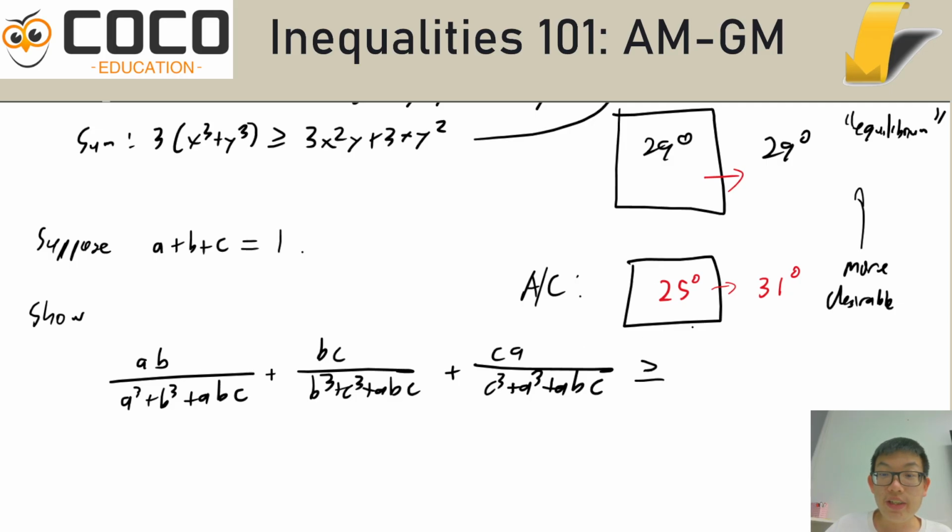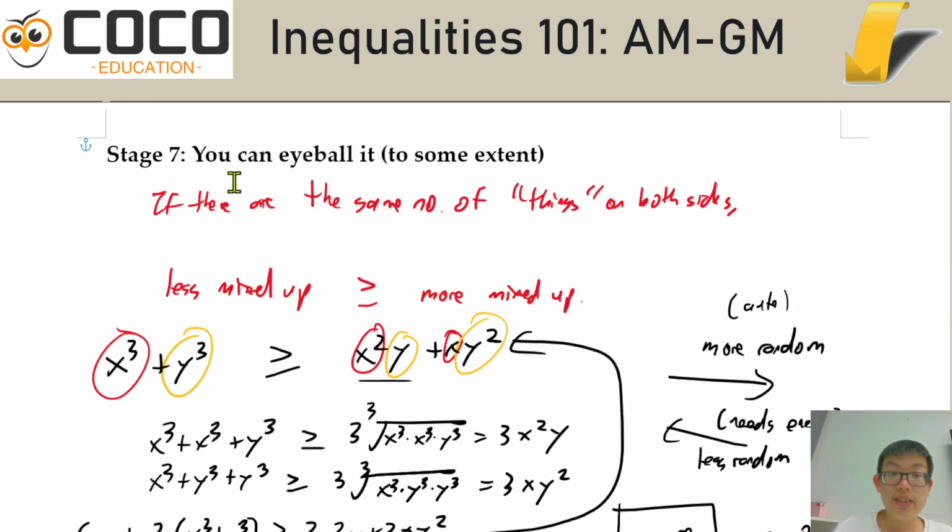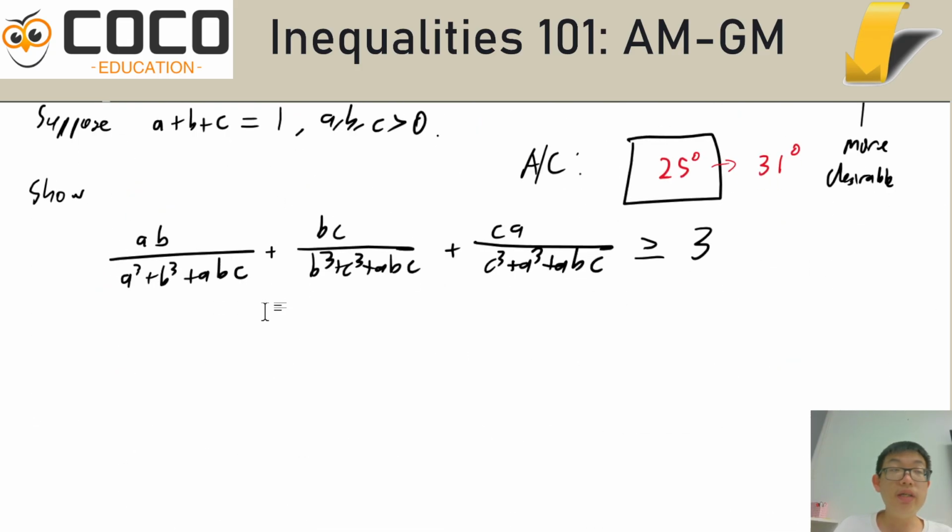Okay, what do you think I'm about to write down there? It'll be 3. Okay, so what I'm trying to say about this is that once you have this idea of AM-GM, AM-GM doesn't work in the sense of you must toss everything in every time.